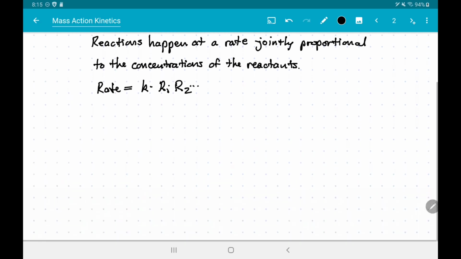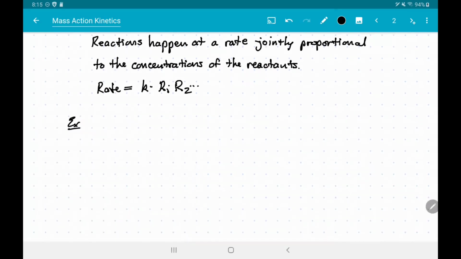So, as an example, on page 39 of the Strogatz book, there's a problem 2.3.2 about an autocatalyst. And here's the reaction that is written.